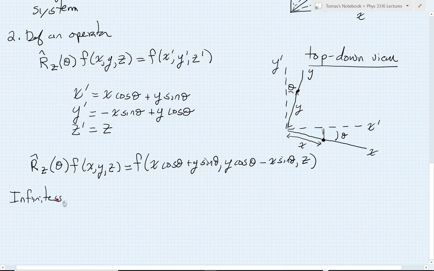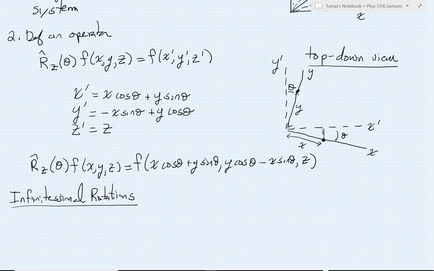The advantage of going to infinitesimal rotations, as you will see, is that it will make the math a lot easier to think about in terms of what this is actually doing to my function. And as I said, I don't lose anything, because ultimately I can build up a finite rotation by applying a large number of these infinitesimal rotations.